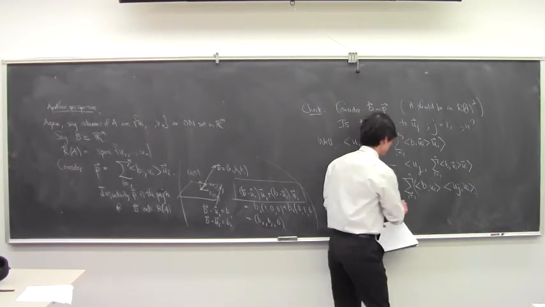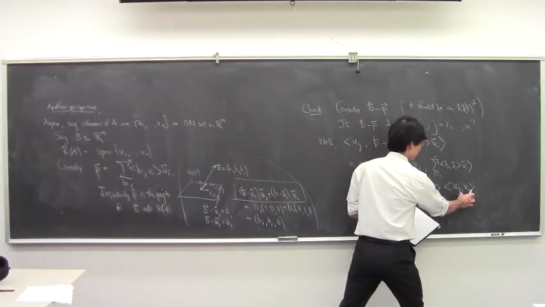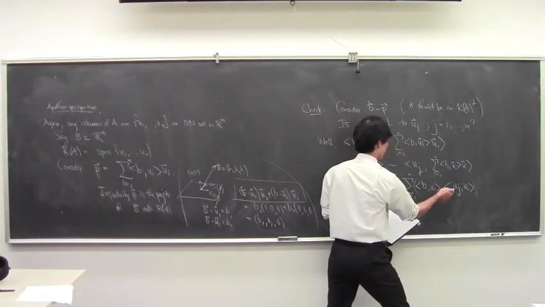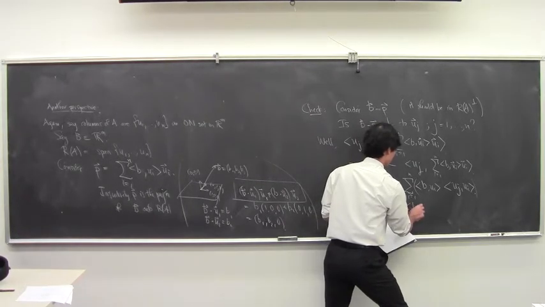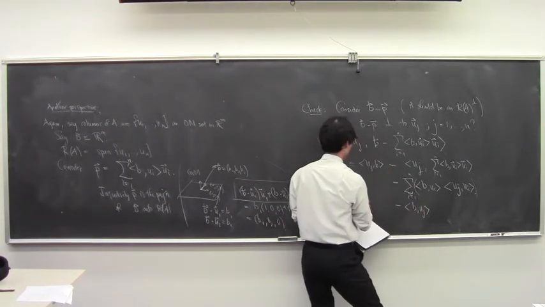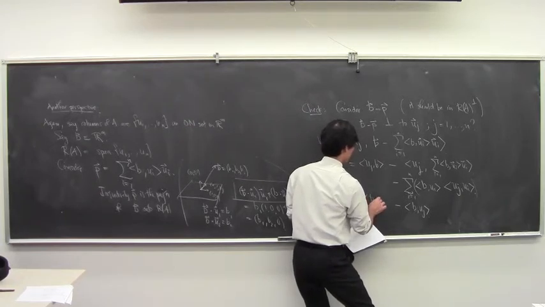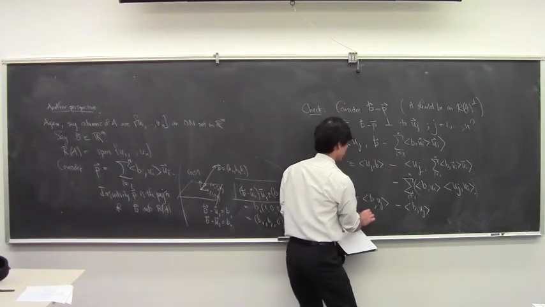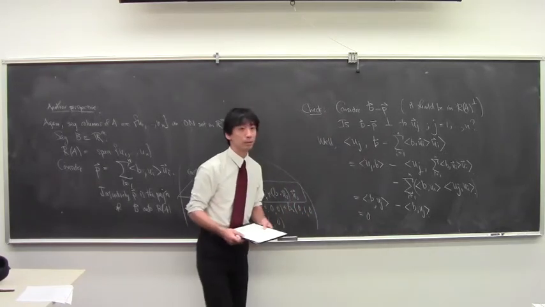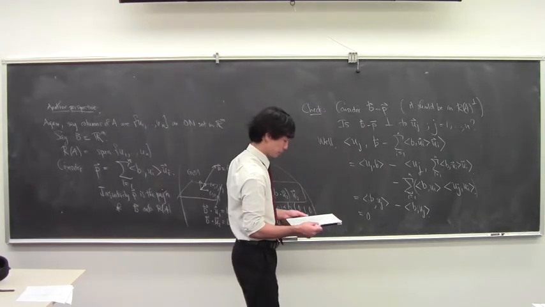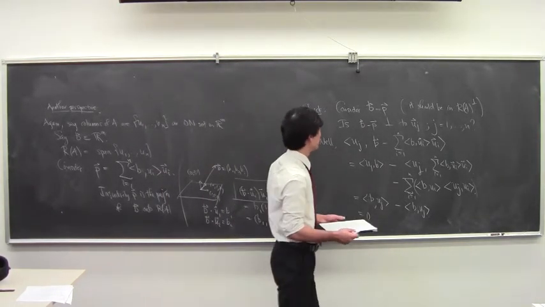So the only thing I'm going to get is 1 when I equals j, and otherwise nothing. So this is going to be b uj. I get b uj minus b uj. Okay.